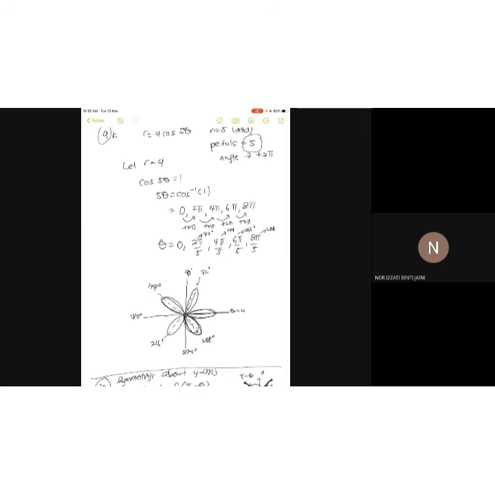Faham tak? Okay, kalau Ross curve ni, nak buat Ross curve, you kena tengok n. N ni odd ke even? Okay, kalau odd, petals sama dengan n juga. Kalau even, petals sama dengan 2n.